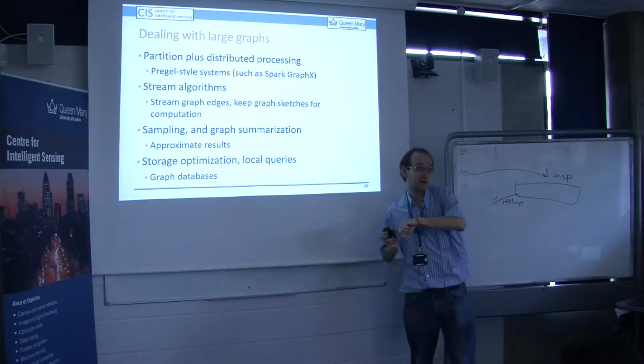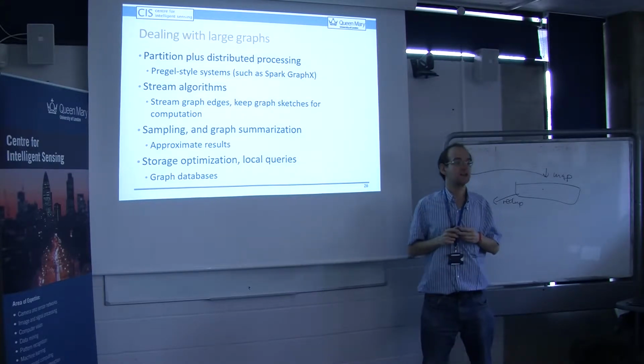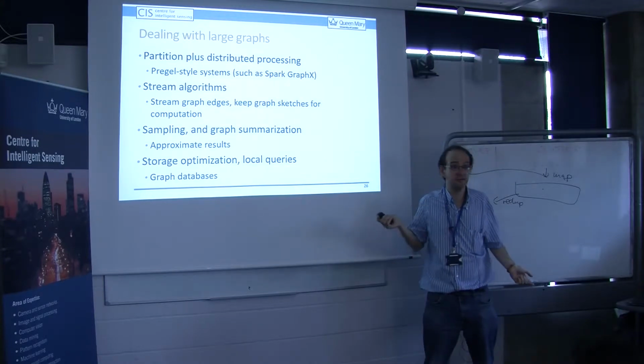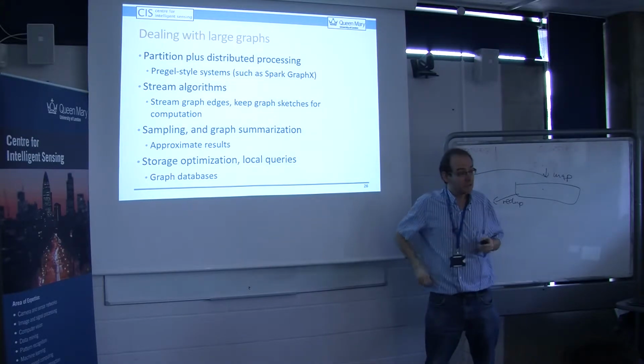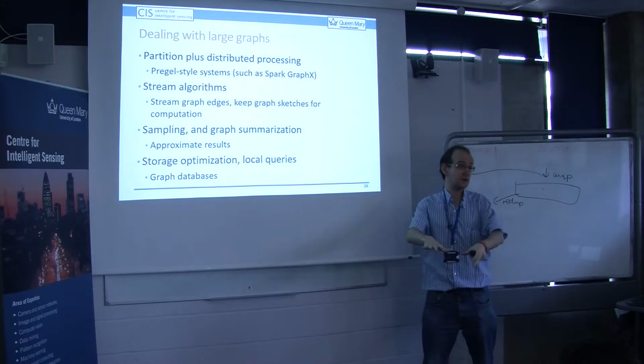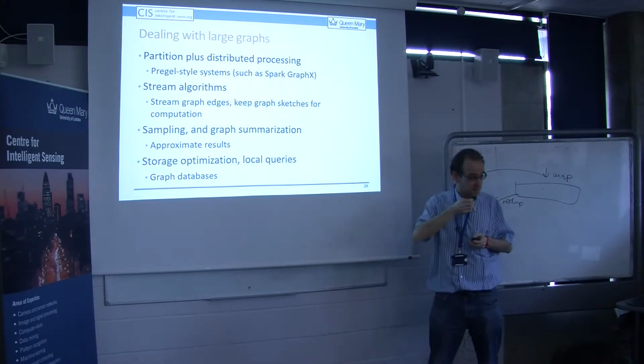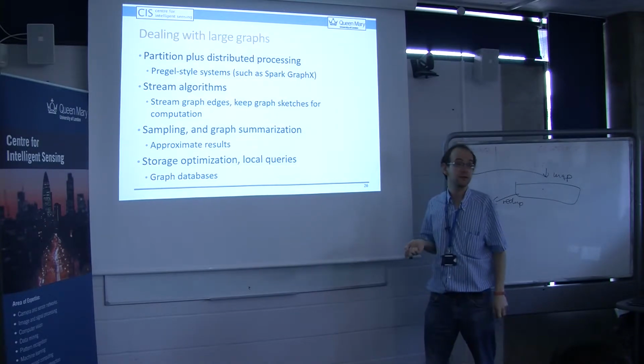Titan is one research project that has been relatively popular, although it's not too mature, and I was mentioning Neo4j as another system that is really focused on a single machine storing a graph and allowing you to retrieve those elements and compose some queries.